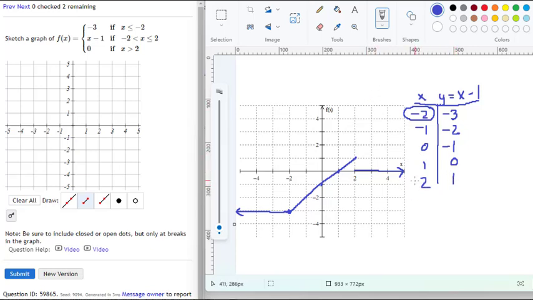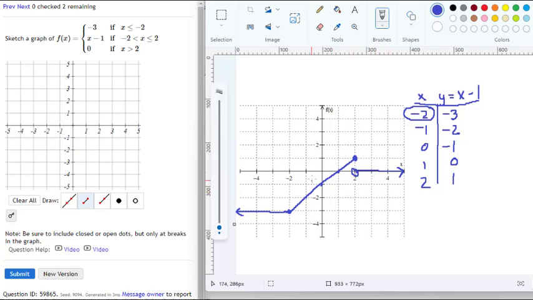So at x equals 2, looking at my function over here, my y value is the one that's on the slanted line. So this is my y value here at x equals 2. Looking at that third rule, we have 0, but that's not the y value, so we're going to put an open dot there.